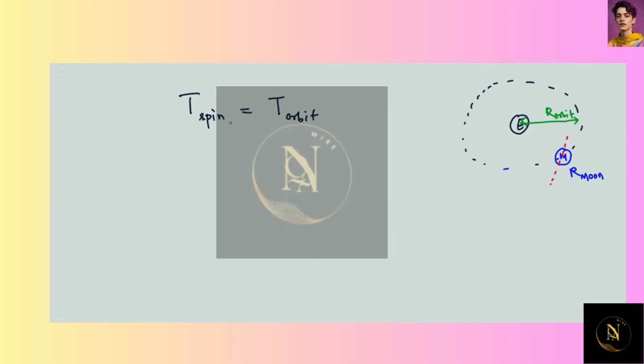Now since the period of the spinning of the Moon and orbiting about the Earth are equal, therefore the angular velocity will be the same for both cases.